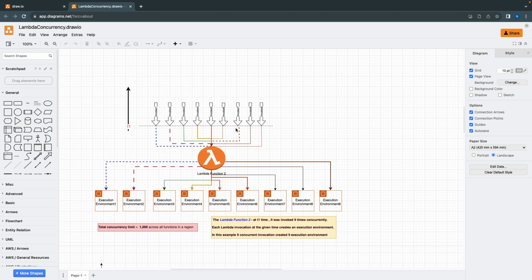So how many environments can Lambda create like this?